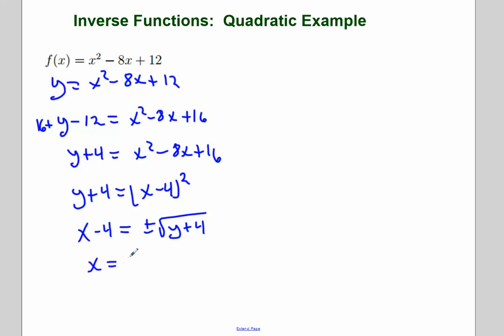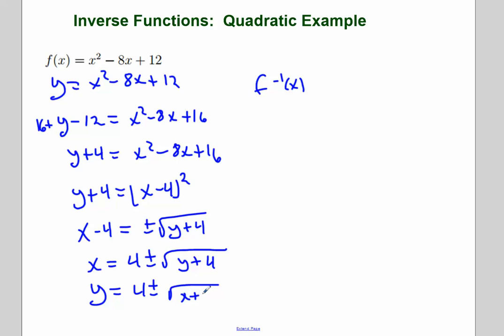I have x is equal to 4 plus or minus the square root of y plus 4. So my inverse function, I've got to swap out, is this right here, is equal to 4 plus or minus the square root of x plus 4.